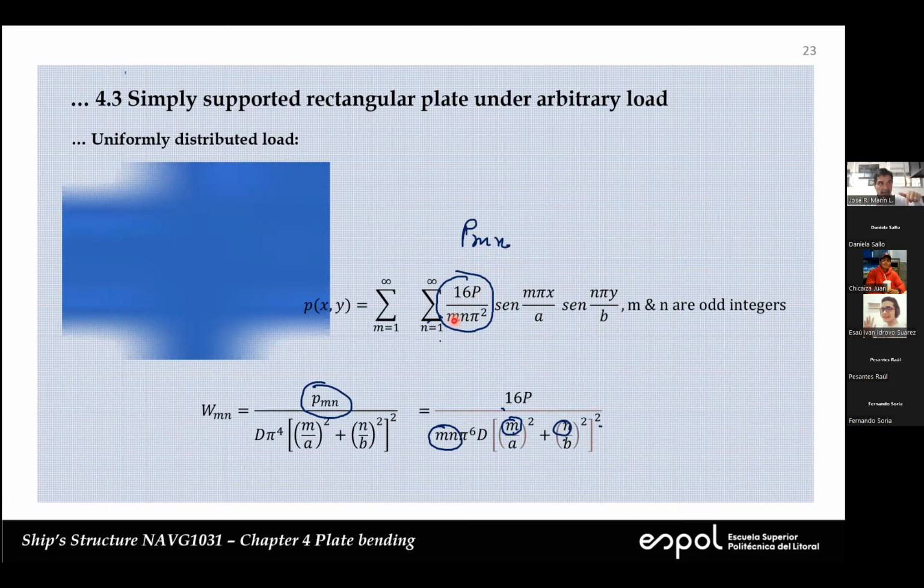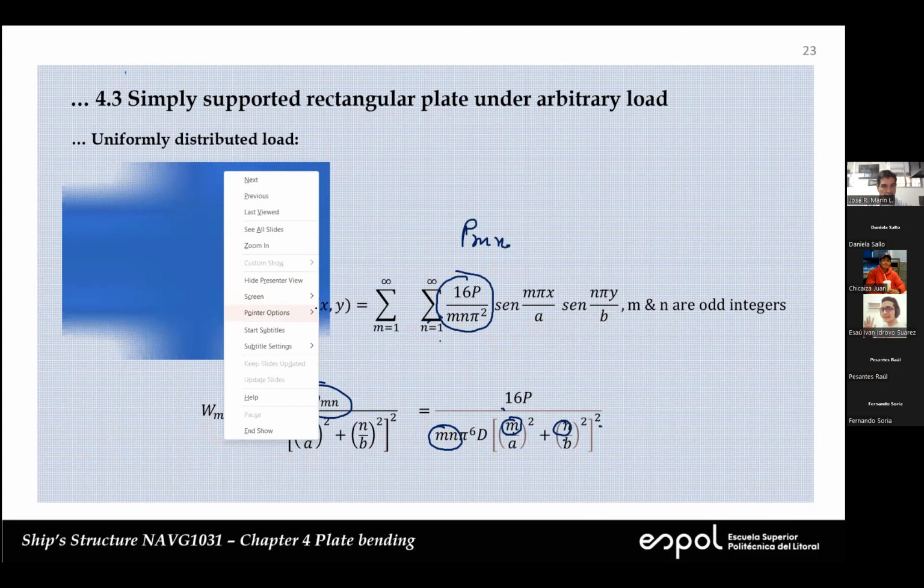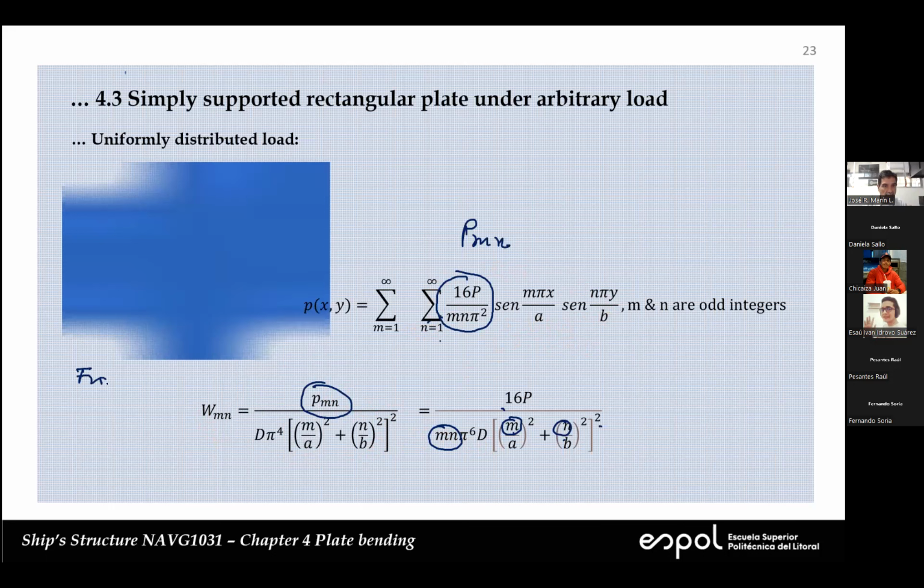In 4.2 of this chapter, we studied the solution of the simply supported rectangular plate under a sinusoidal load. So you take this, and we know the solution. The solution is something like this. This is something that we already studied in the previous subchapter. We can write it here. This is just a review.